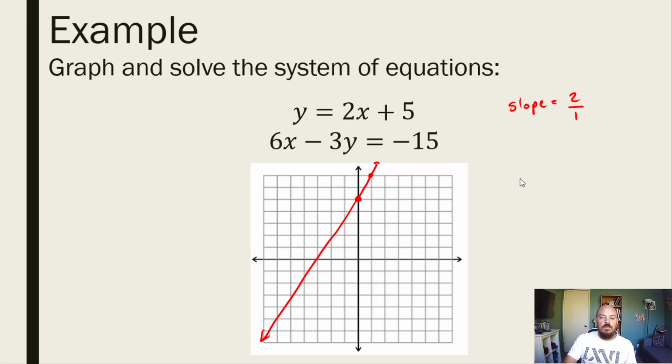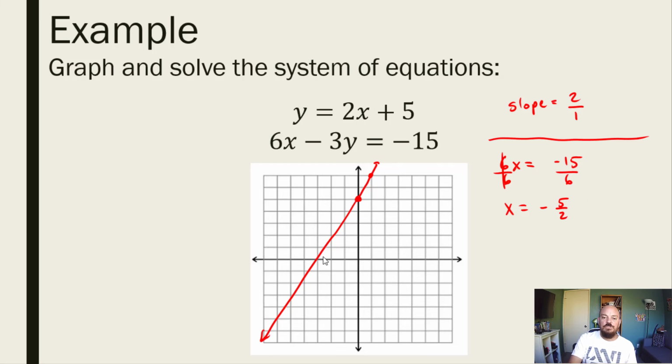Second one, I'm going to do intercept tricks again, cover-up trick. So let's say y is 0. That leaves me with 6x equals -15. Divide both sides by 6. That doesn't go evenly. Well, it's going to be a negative because it's negative divided by positive. It doesn't go evenly, but I can reduce by 3 and get -5 over 2, or basically it's -2.5.